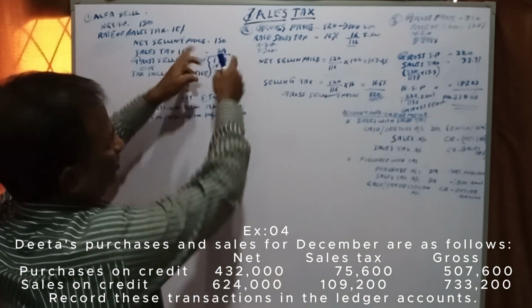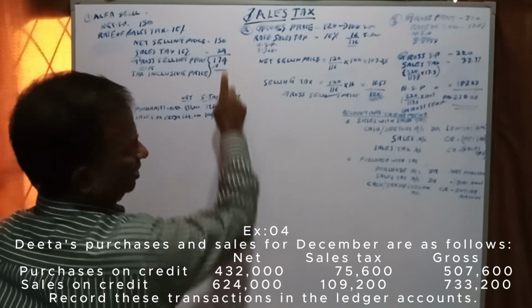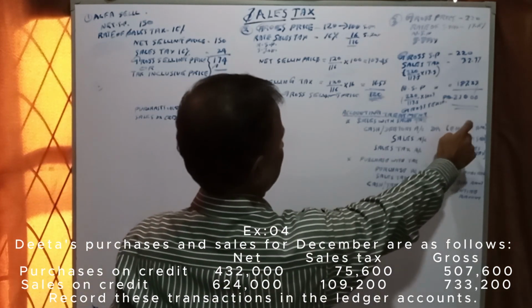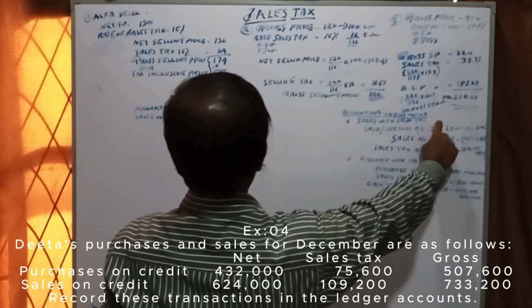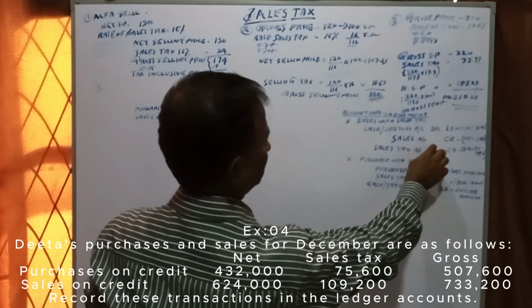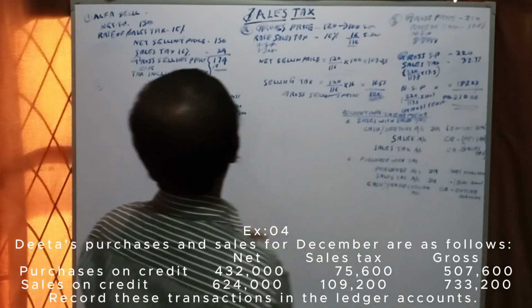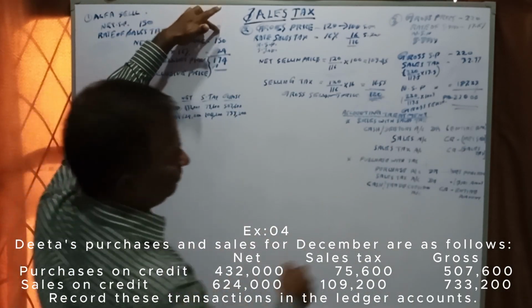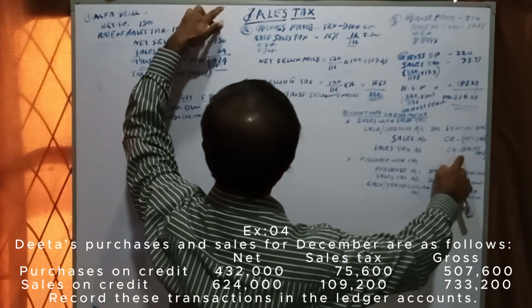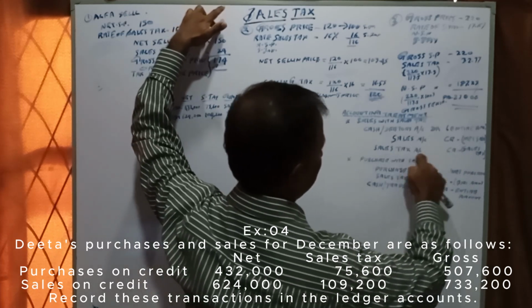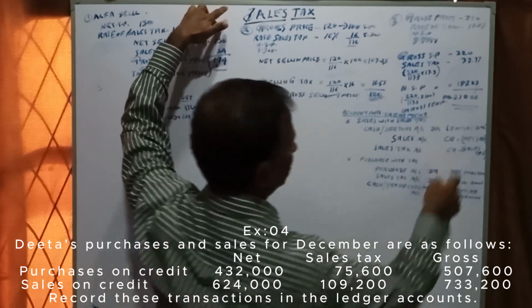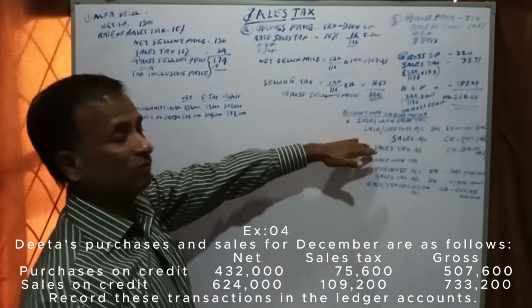This is the gross selling price. Gross selling price has to be brought to the debtor. Sales account is credited with the net selling price 150, and credited to the tax 24, which is sales tax.